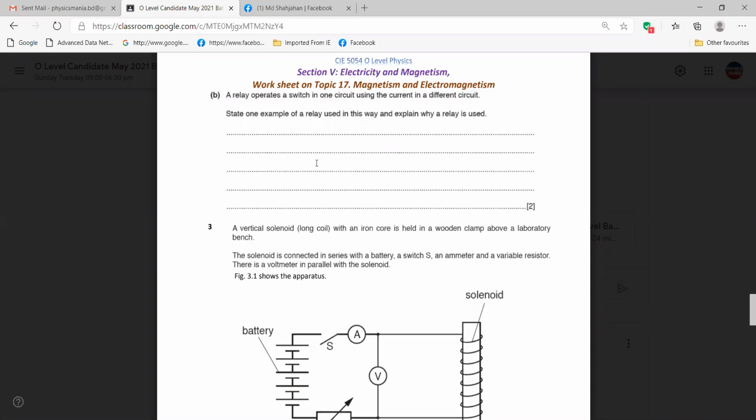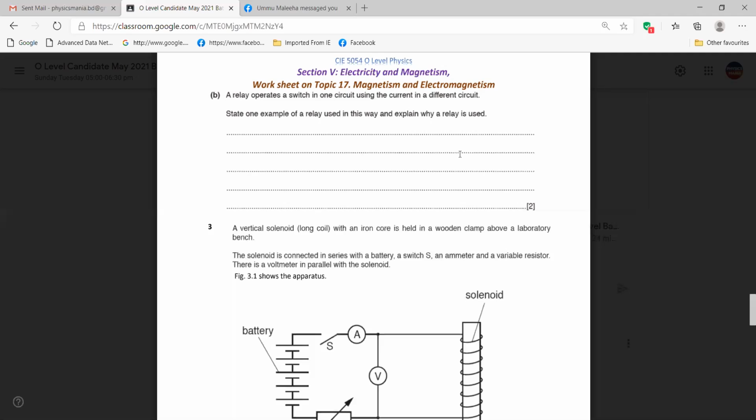starter circuit of a car. Then here you write to avoid electric shock. Starter of a car, and why are we using the small circuit? To avoid greater electric shock, right?